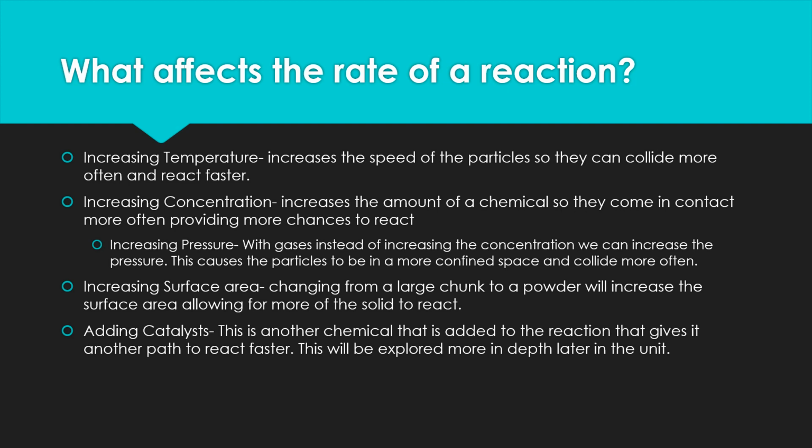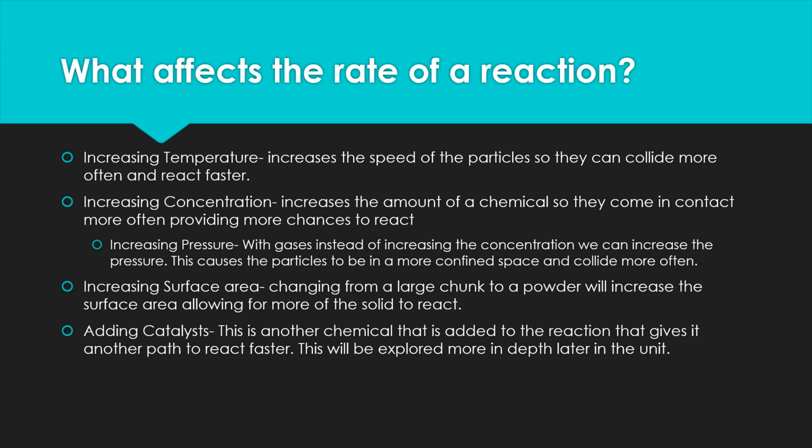All right, another way we can change the rate of reaction, and we're going to be exploring this one the most, is increasing the concentration of our chemicals. So by increasing the amount of a chemical, the chemicals are able to come in contact more often, providing more chances for them to react.